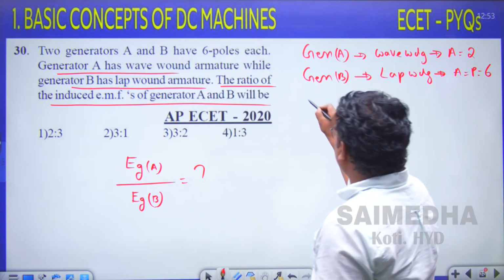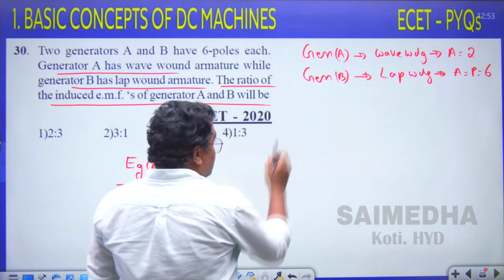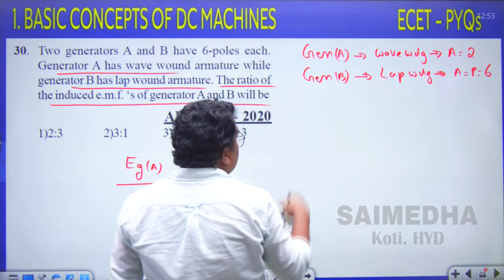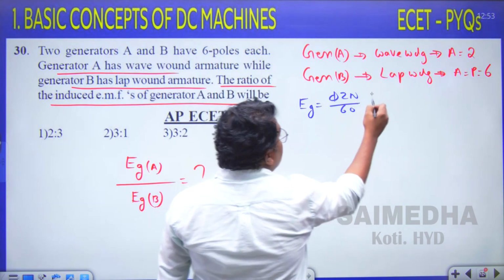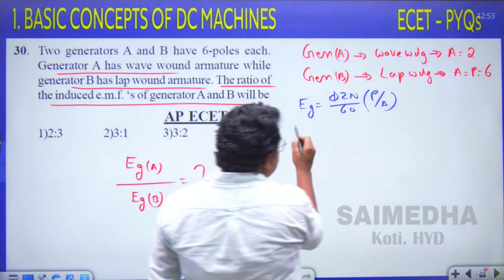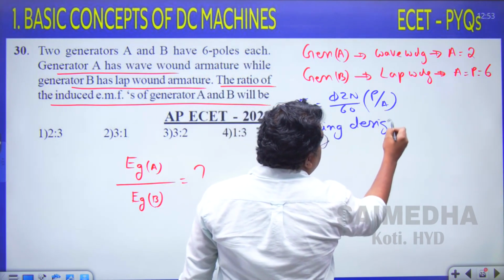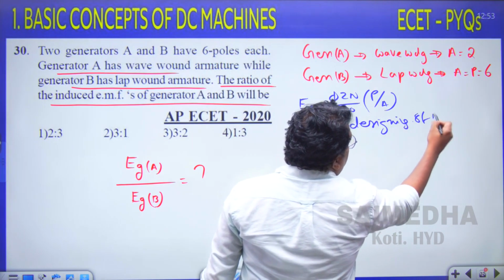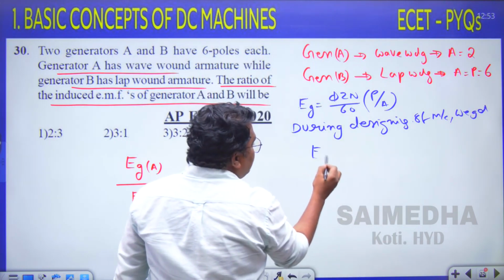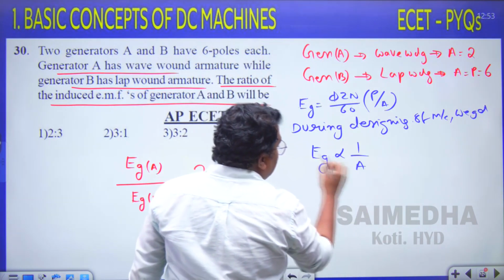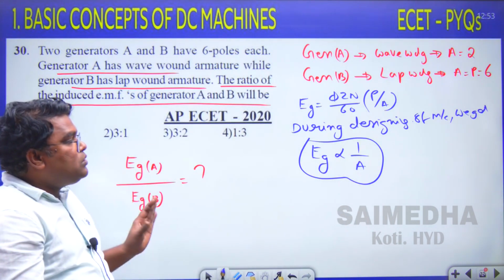We know the formula to find the generated voltage. E is equal to PΦZN by 60 into P by A. Using this, we get that the generated voltage is inversely proportional to the number of parallel paths.